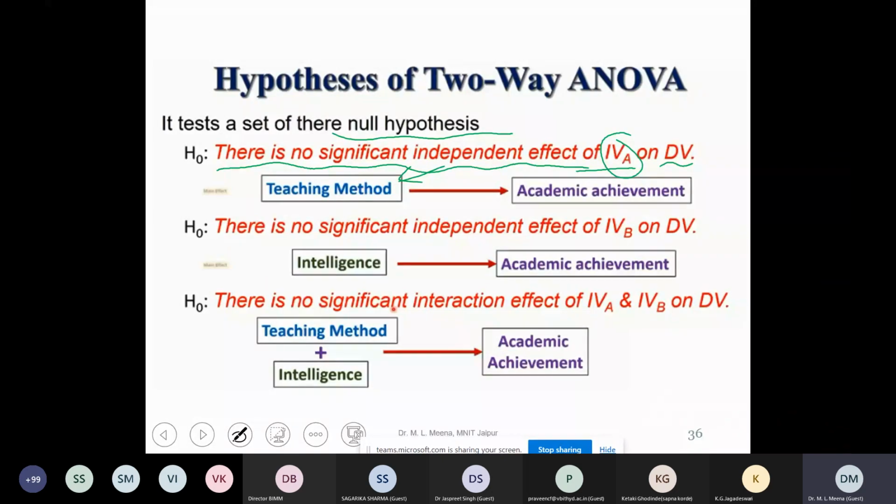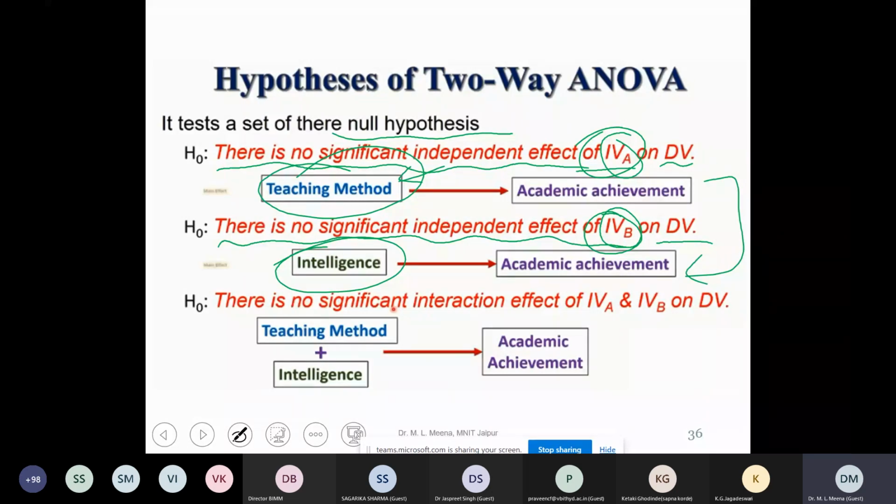Second, there is no significant independent effect of the second factor. The first factor is teaching method. The second factor is intelligence, and our dependent variable is efficiency of students, results of students, academic achievement, fail or pass.